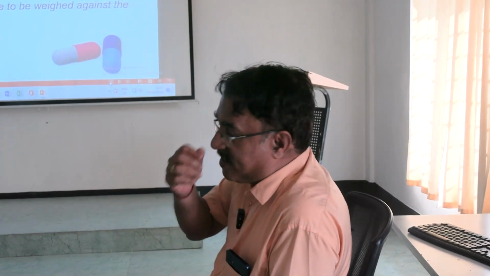Now a problem with human trials is that somebody has to first volunteer for a trial. The company calls for a trial, a new medicine, a new drug. So it needs some volunteers. Suppose I ask, how many of you will volunteer for a new drug?